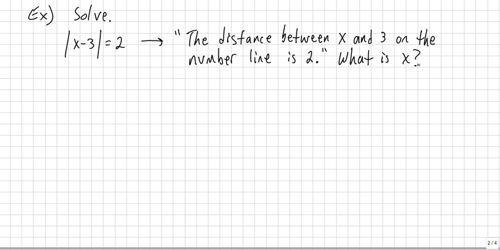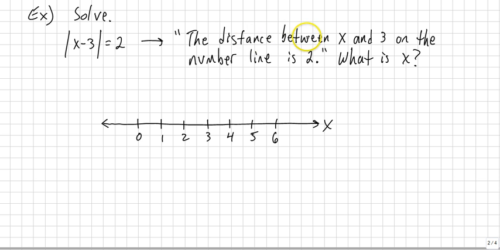So what is x? And as we know from the previous section, there's going to be two answers. So let's see if we can't figure it out. But this time, let's actually just use the number line and not actually solve it algebraically. So if this is 0, and we got 1, 2, 3, 4, 5, 6, and if we need some more, we'll add more numbers later.